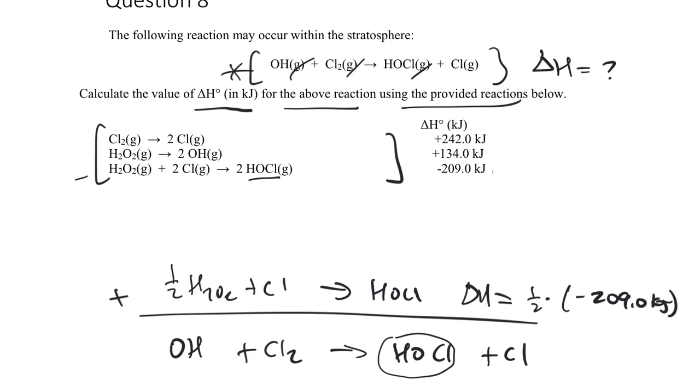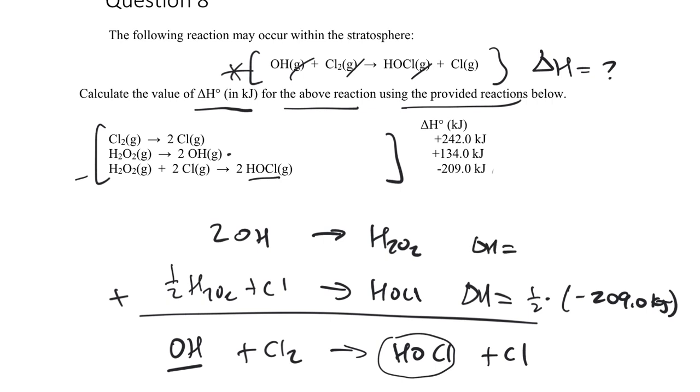Okay, so then I look for another substance that's hopefully only in one of those reactions. Hydroxyl radical is one of those. So hydroxyl radical is a product, so I need to flip it to the reactant side. So I write 2 OH goes to H2O2. And if you're thinking already, it looks like I should cut that in half, you'd be right, but let me flip the sign first.